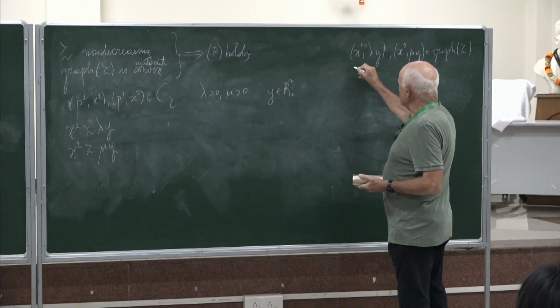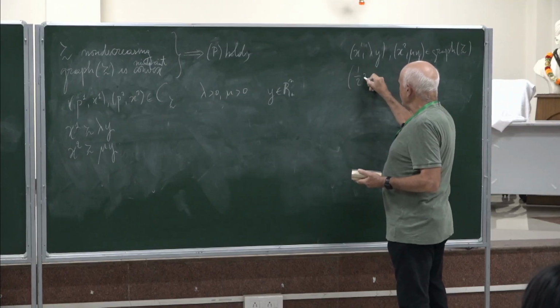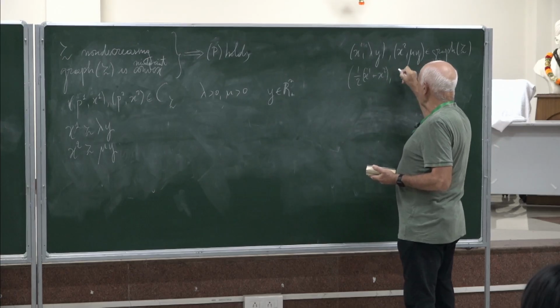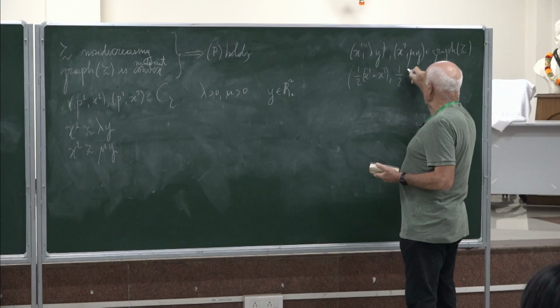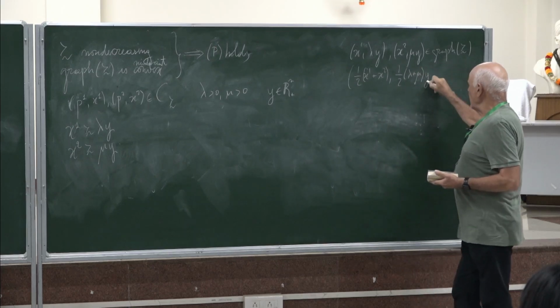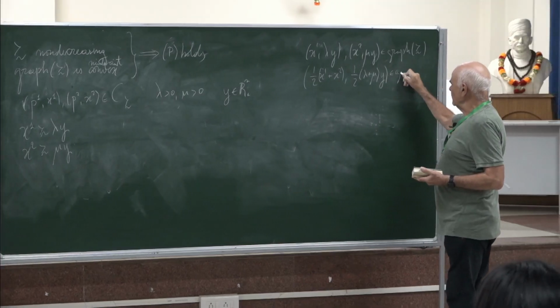Then this means that 1/2 (x1 plus x2), 1/2 (lambda plus mu) y is in the graph.